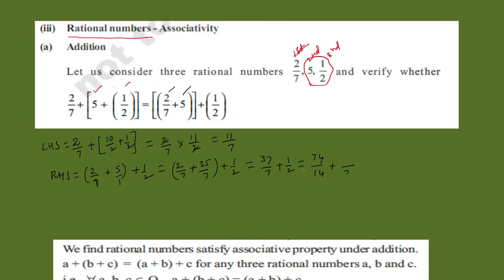Two 37s are 74, 2 sevens are 14, 7 ones are 7, 7 twos are 14. Then what we got? 81 by 14.